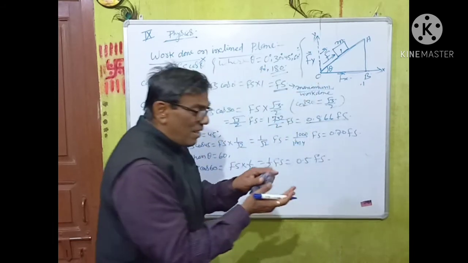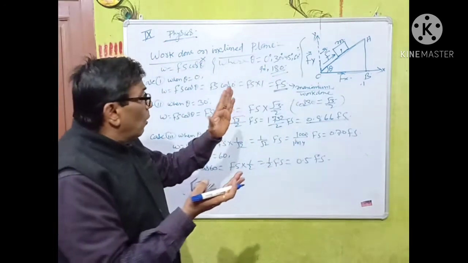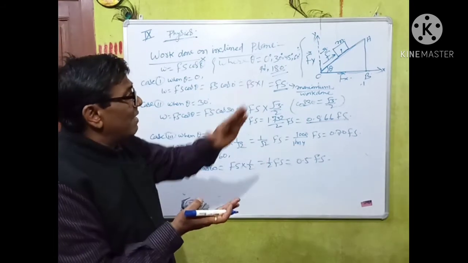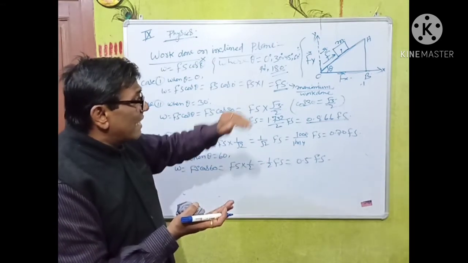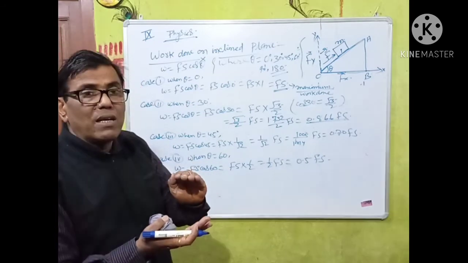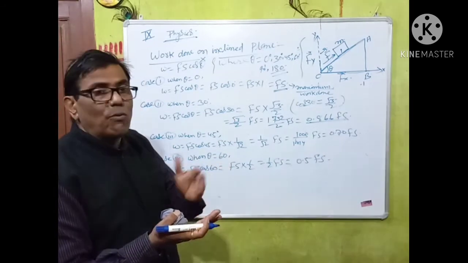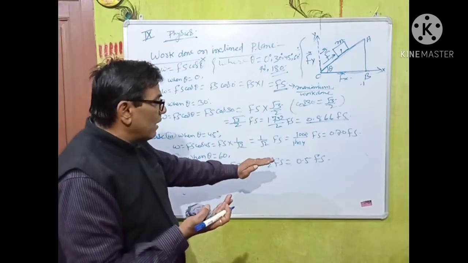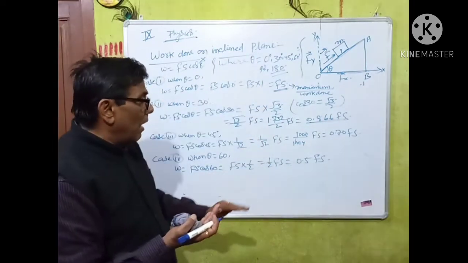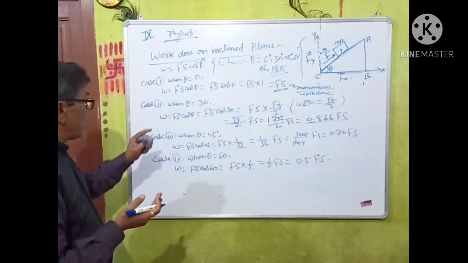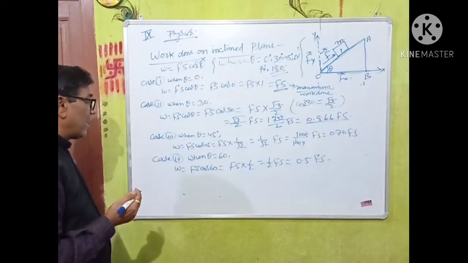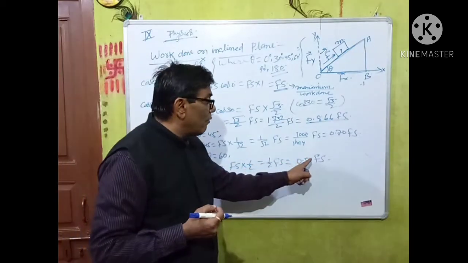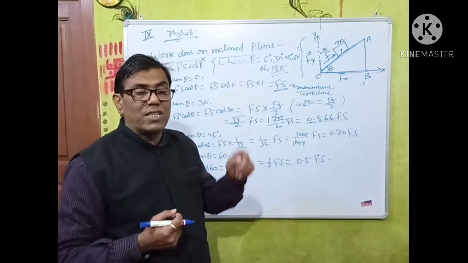When the angle of the inclined surface OA increases, the work done is positive but its value decreases with respect to case first, case second and case third. So work done will be half at the angle of 60 degree.